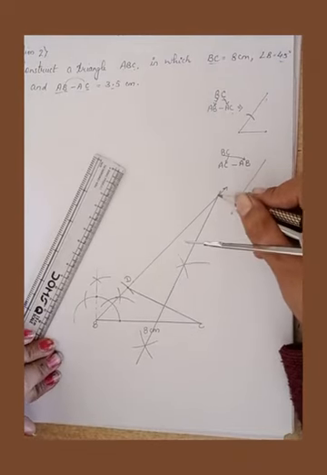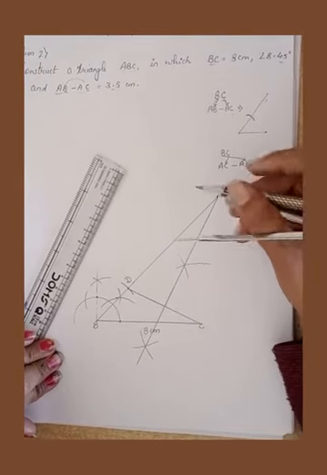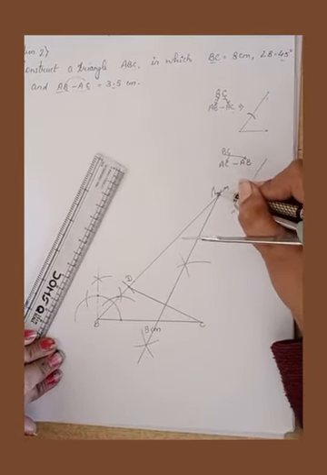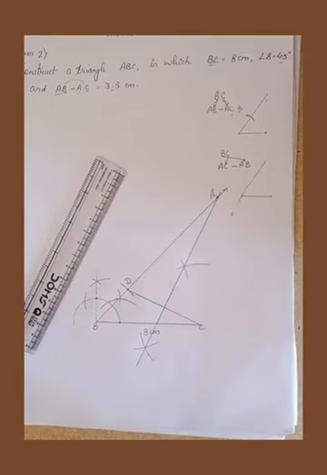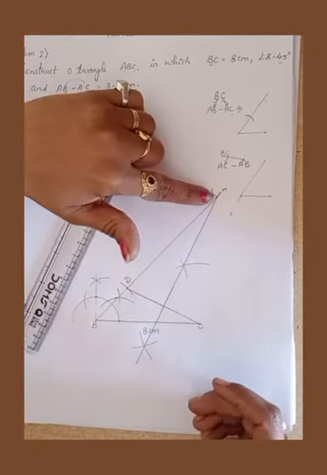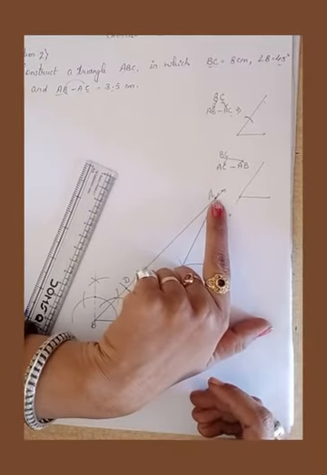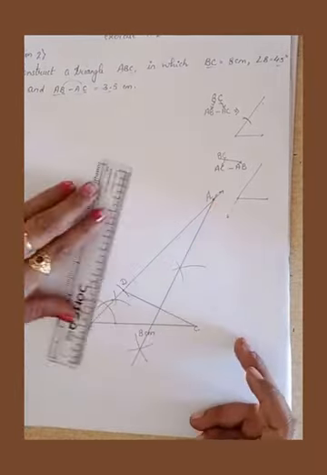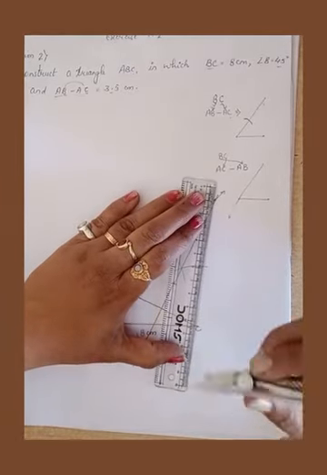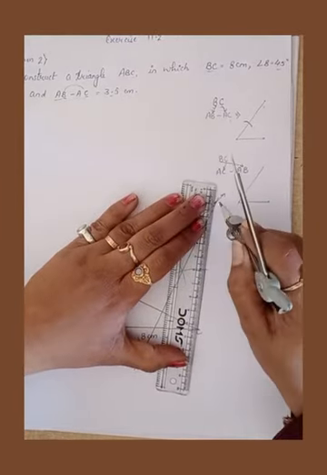This straight line intersects the angle at some point. Name this point as A. Always remember that the perpendicular bisector line will intersect the angle line at one point. Name this point A and then join it.